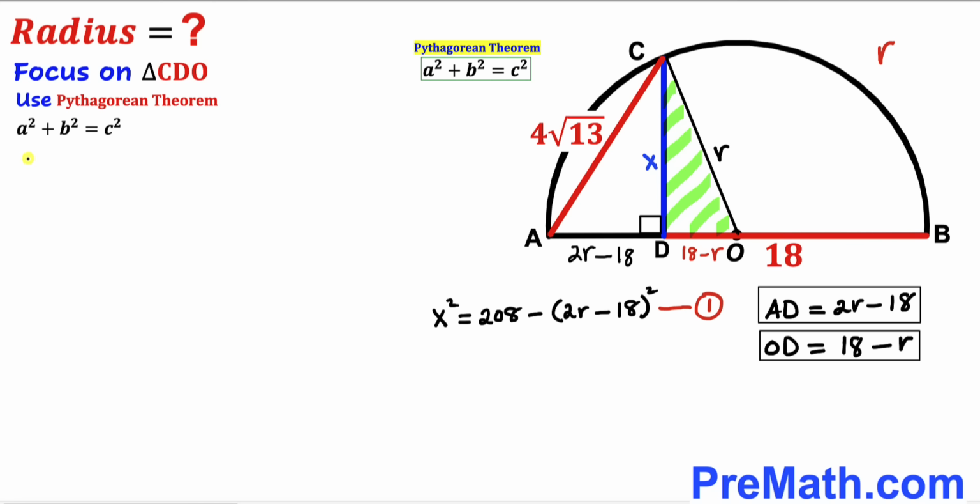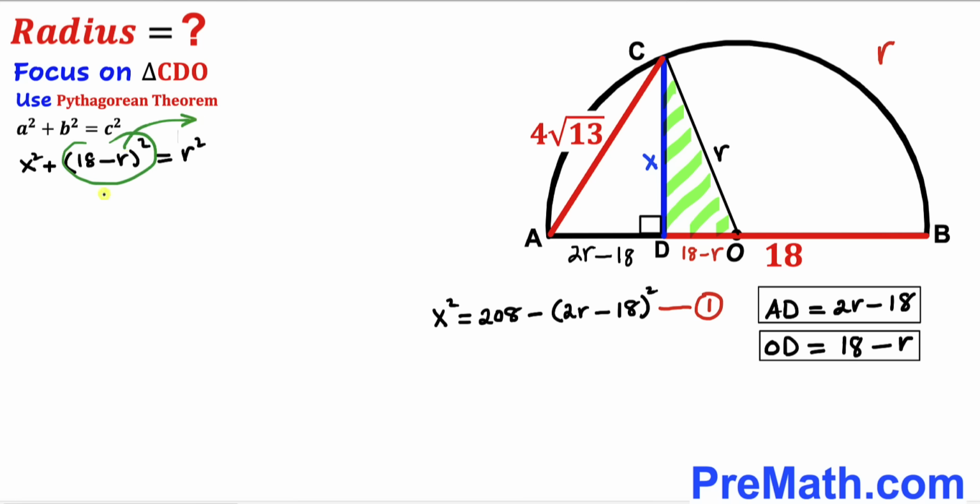So we are going to have x square plus 18 minus r whole square equal to r square. And now I'm going to move this term to the right hand side. So therefore we can write x square equals to r square minus 18 minus r whole square.